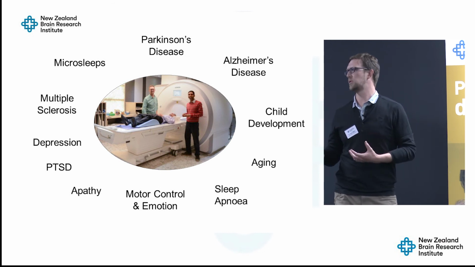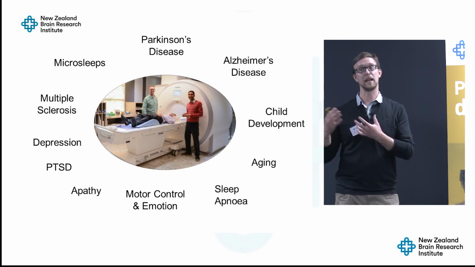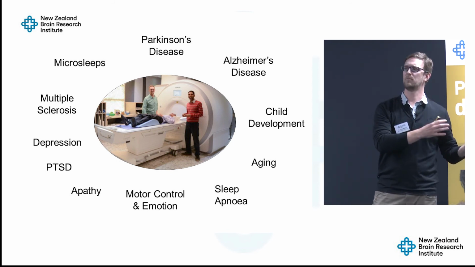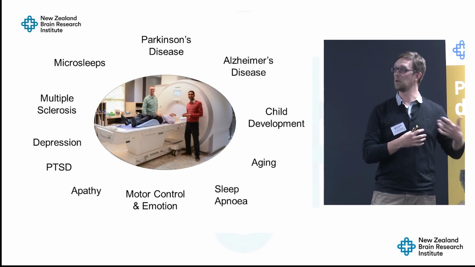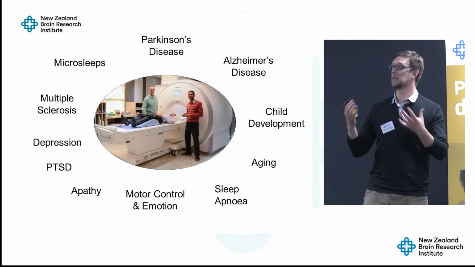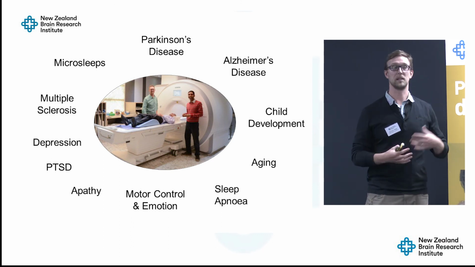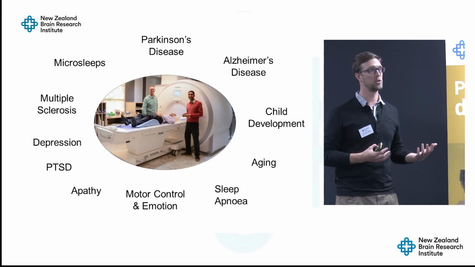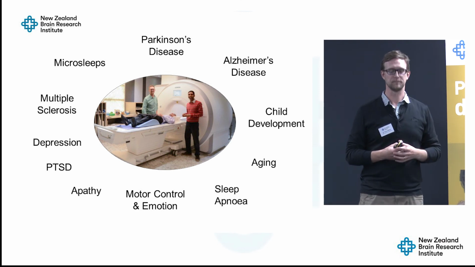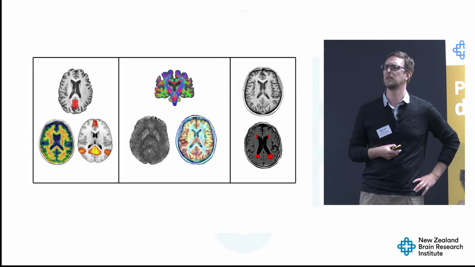But we also use these techniques to look at things like Alzheimer's disease. Also, if you go to the other end of the age spectrum, we use these images to look at child development, preterm birth, very low birth weight. But we also look at things like neuropsychiatric issues like depression or apathy or post-traumatic stress disorder, and a number of different things. So I think, actually, I'll leave it there.